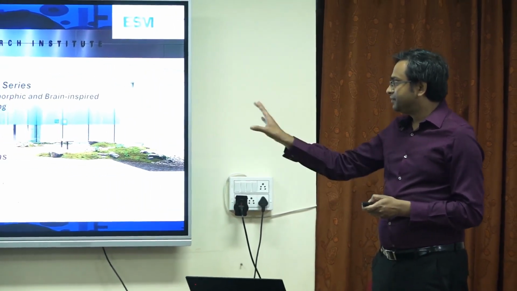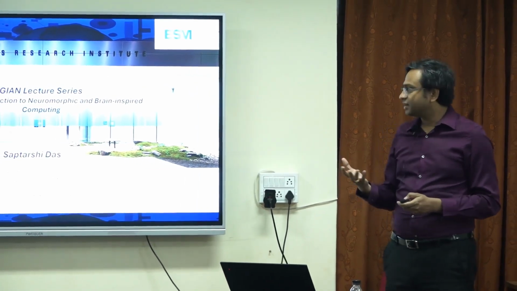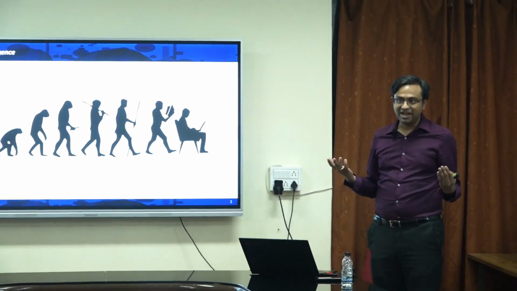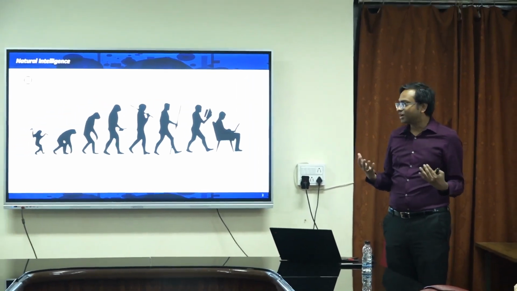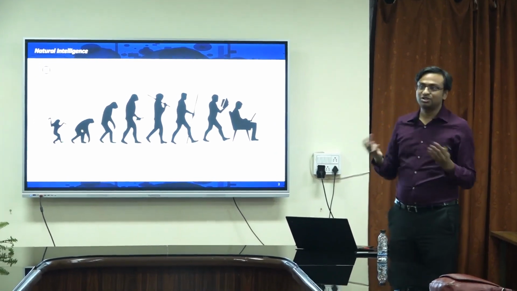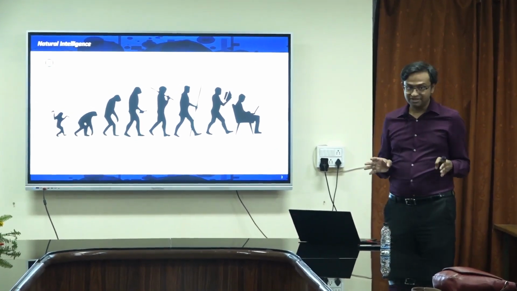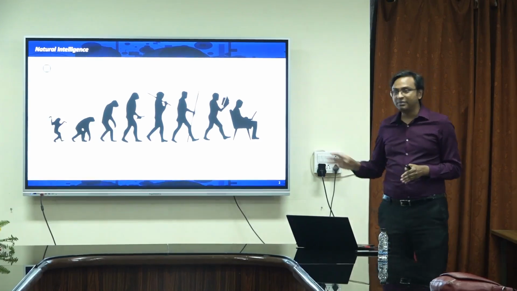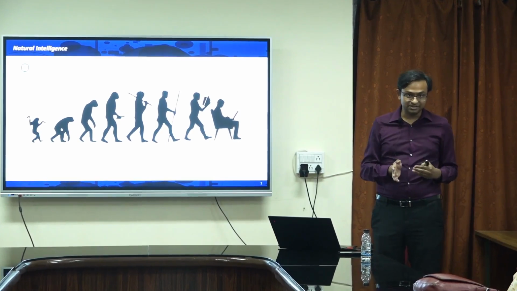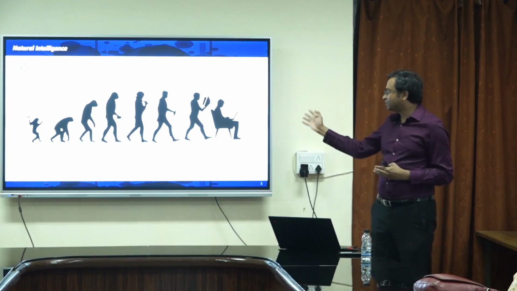Before going into brain-inspired computing, or artificial intelligence, let us first embrace the fact that nature has been working intelligently to design not just the human being, but also different species. Human evolution is a testament to what natural intelligence is. And of course, we have evolved.